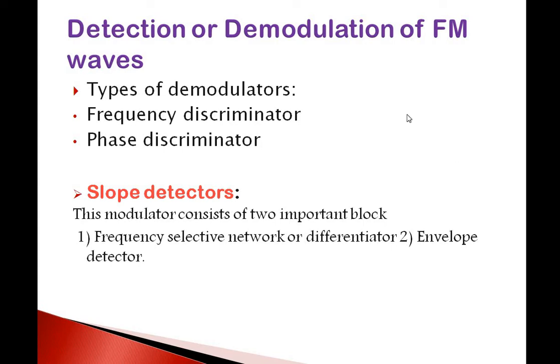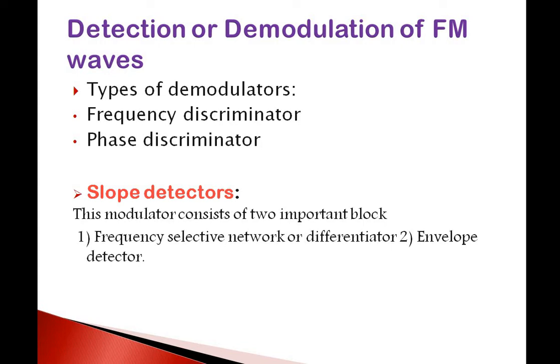In frequency discriminator you have two techniques: first slope detector and second balanced slope detector. These are the two techniques of frequency discrimination. And in phase discrimination you have the Foster-Seeley demodulating technique and the ratio demodulating technique. So in total you have four types, two each under frequency discriminator and phase discriminator.